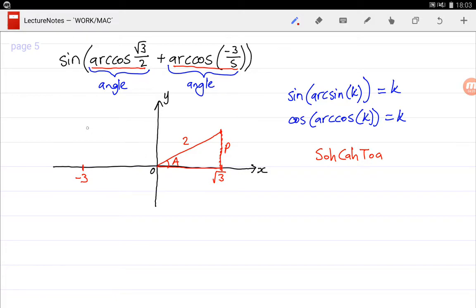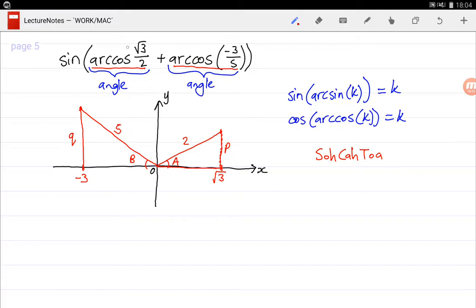So it should be somewhere up here, meaning that the opposite side here is going to be positive as well. So I'm just going to change that, make it a bit longer. And again, this is not to scale. I'm just trying to give a representation of these triangles, and then we're going to call this one B. So the length here is -3 and the hypotenuse is 5, and we're just going to call this Q.